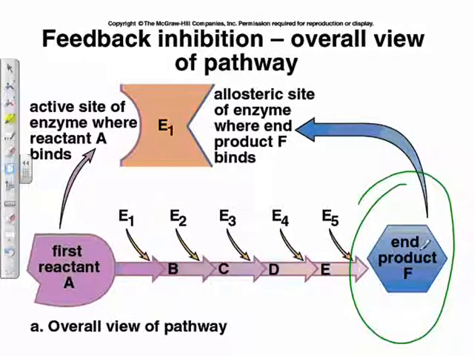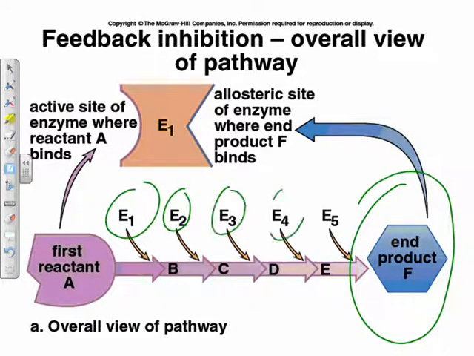This is the metabolic pathway. All the steps involved in doing something in your body. And typically, each step takes a different enzyme. And notice here we've got at least 5 enzymes involved in this metabolic pathway.